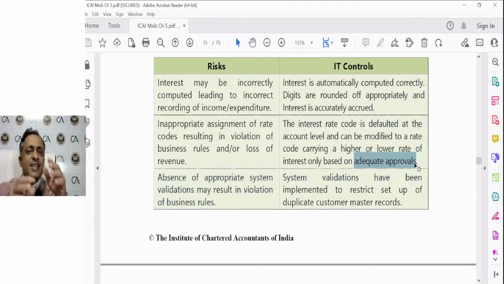So what has happened? Just take an example. Suppose I say MCLR. Have you read the word MCLR? Please say yes in the chat. MCLR. Okay. So take the interest rate of the bank for a specified category of cash credit loan. For example, the bank is giving cash credit loan to cotton yarn manufacturers at the rate of 10%. So all cotton yarn manufacturers get an interest rate of 10% for cash credit loan.